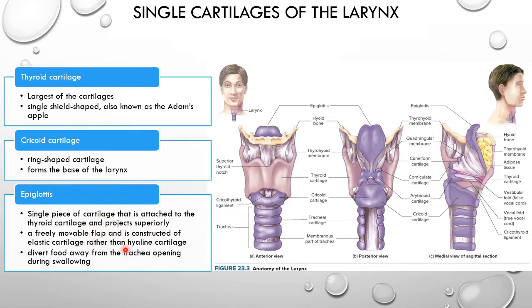So, it moves, and it is made up of an elastic cartilage, okay? And it diverts food away from the trachea opening during swallowing. So, anong nangyayari? When you swallow, since this is a movable flap, when you swallow food, this will close the airway. No? It will close the larynx to protect it from food and other foreign bodies.